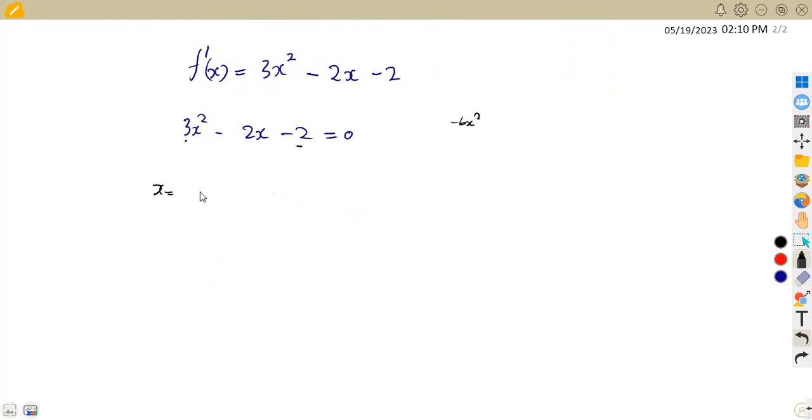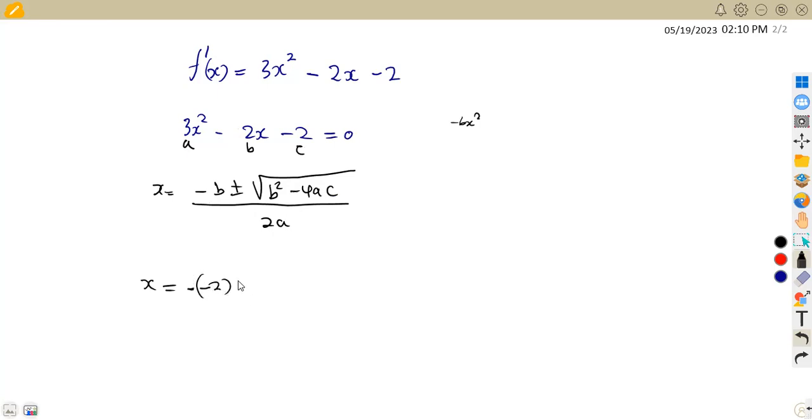Remember that x is equivalent to minus b plus or minus the square root of b squared minus 4ac, everything over 2a, where we can substitute our values. Here we've got our a, our b, and our c. So x is equal to minus b, which is negative 2 here, so it's going to be a plus 2.